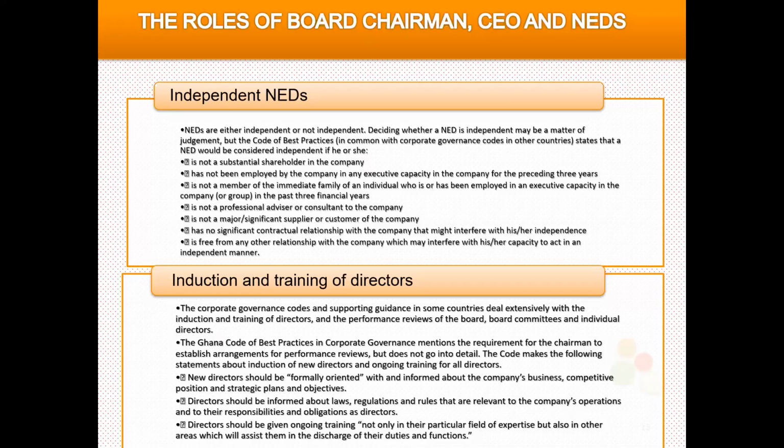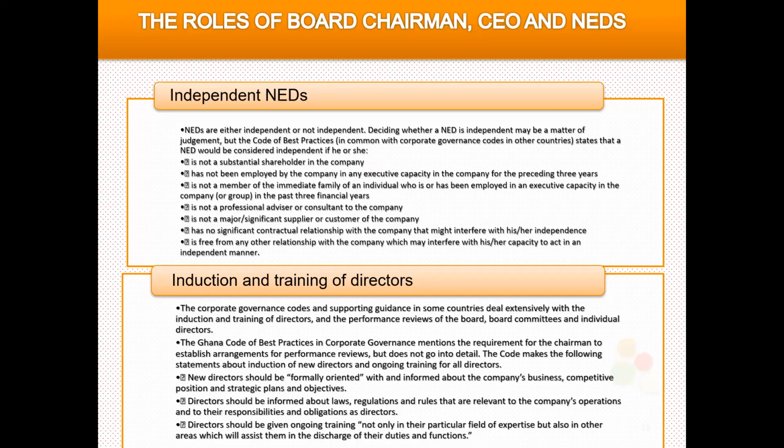But again, in Ghana, the code does not go into detail, like we saw earlier when it came to the separation of duties between the chairman and the CEO. The code makes the following statements about induction of new directors and ongoing training for all directors.